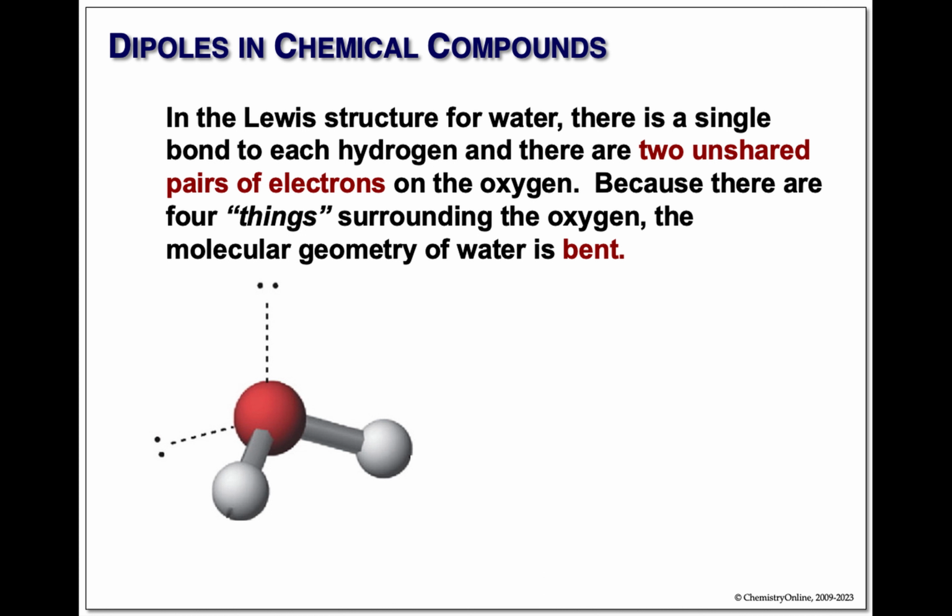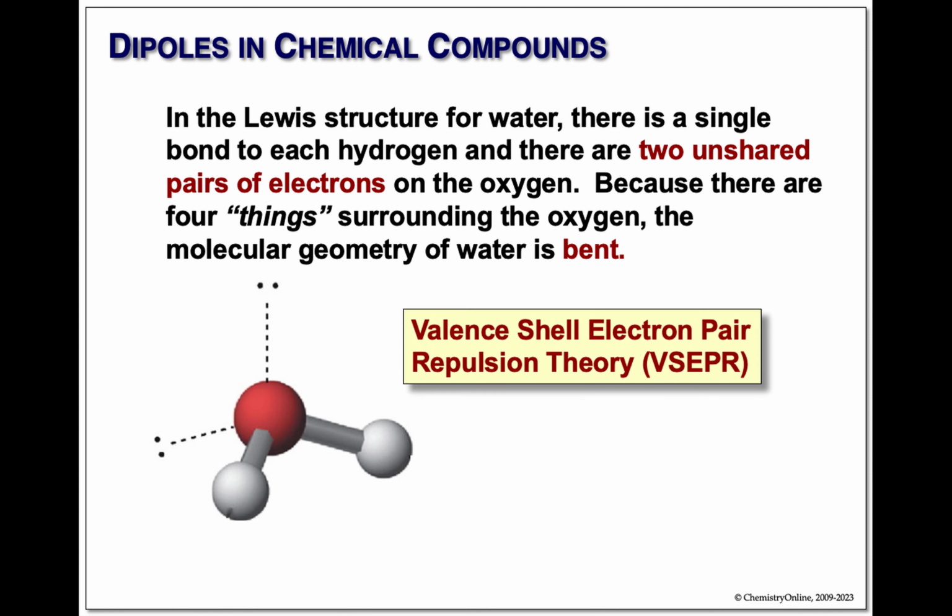There's a theory called valence shell electron pair repulsion theory, VSEPR. And what this tells us is that if you want to know the geometry of a molecule, you look at the central atom and ask how many things are attached, where things are either covalent bonds or unshared pairs of electrons.